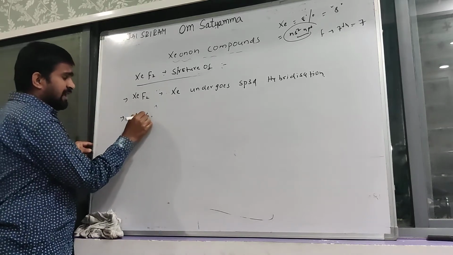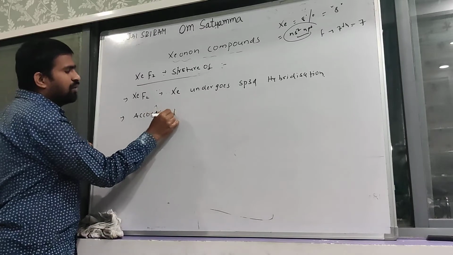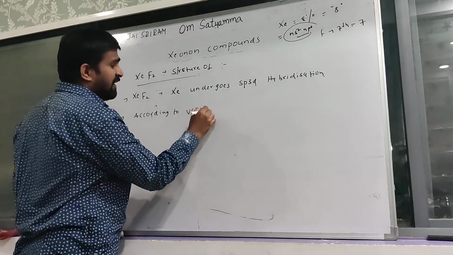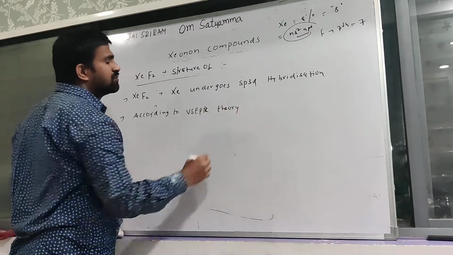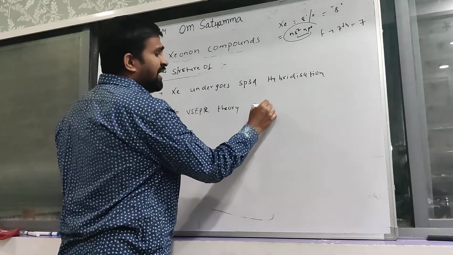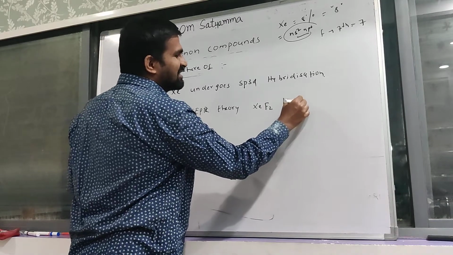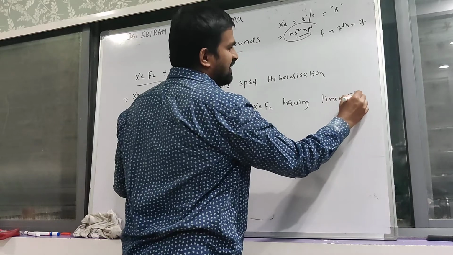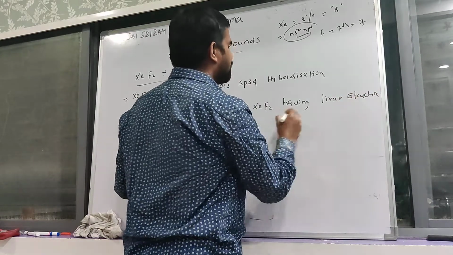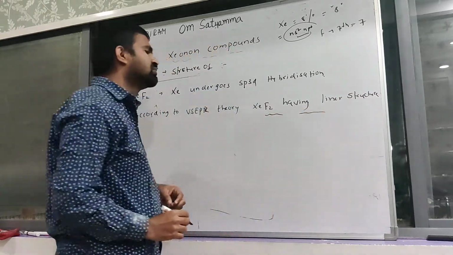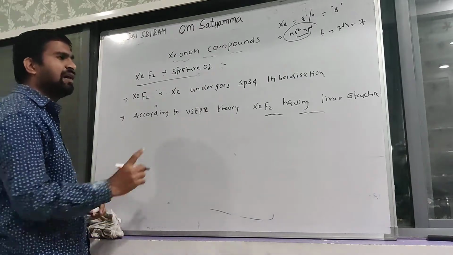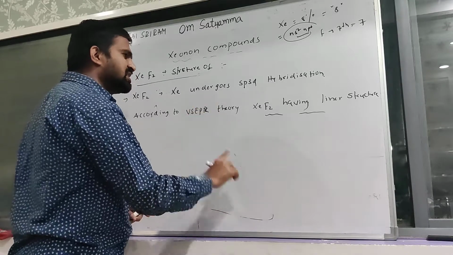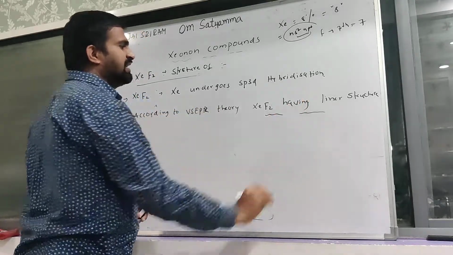According to VSEPR theory, xenon difluoride has a linear structure. Why? Because xenon has 3 lone pairs of electrons and 2 bond pairs of electrons. That's why the structure is deviated. The final structure is linear.